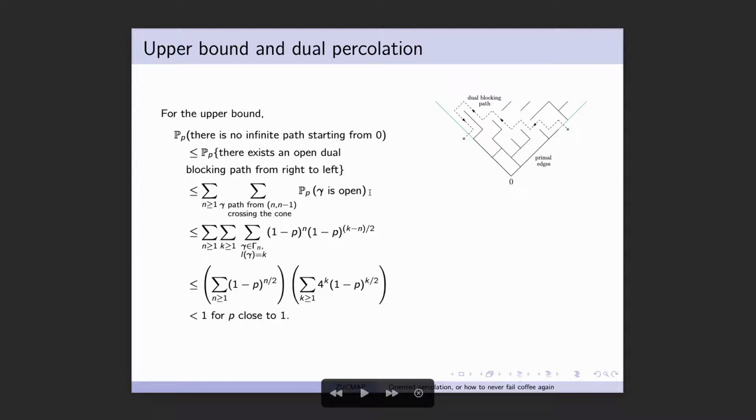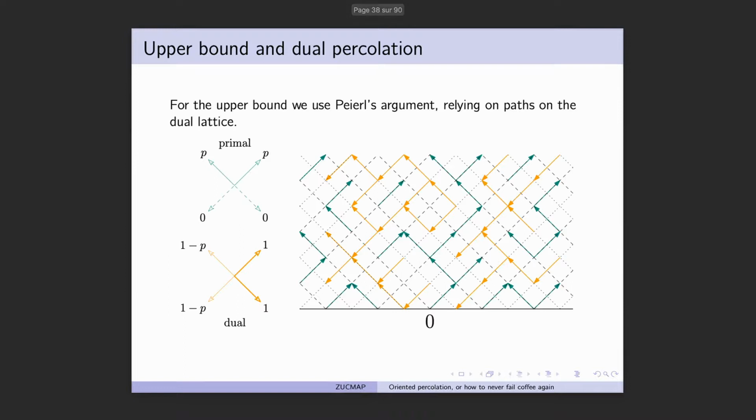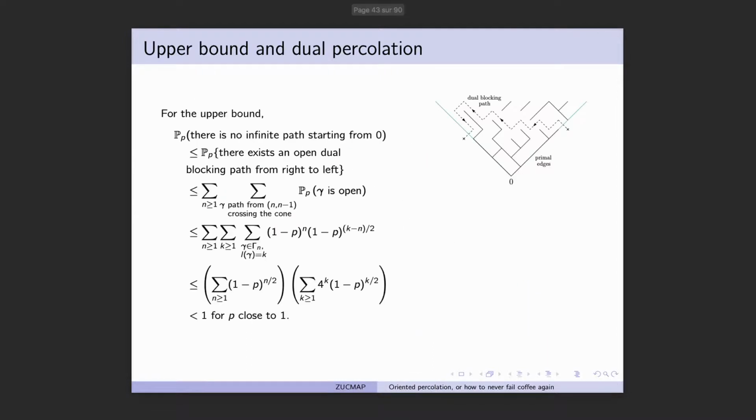And what I can say is that, coming back to the other picture, going to the left is very costly for the path. It happens only with probability 1 minus p, whereas it's always able to go to the right. So I just need to say how many steps it needs to take to the left to be able to cross this cone, and I should be fine. And it's exactly what we do here.